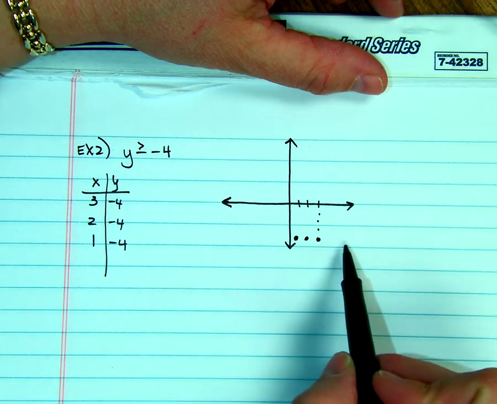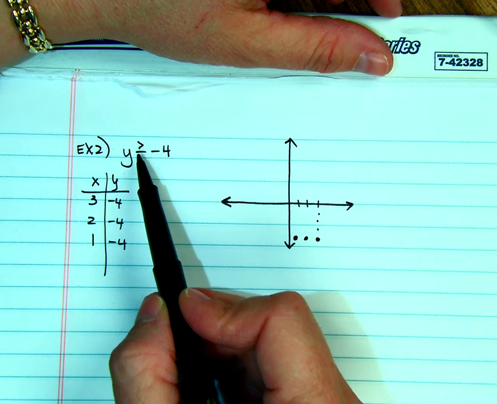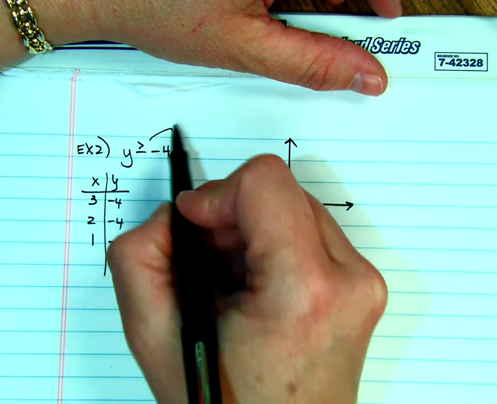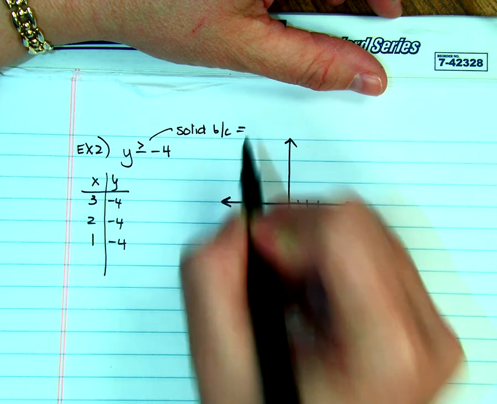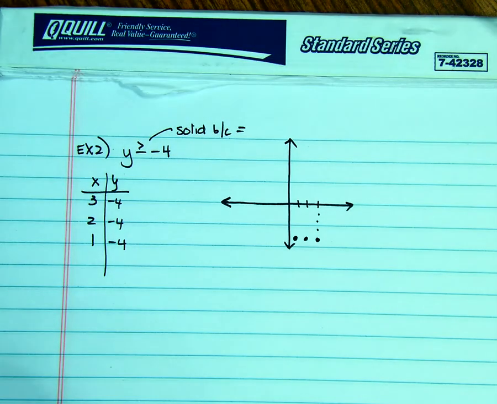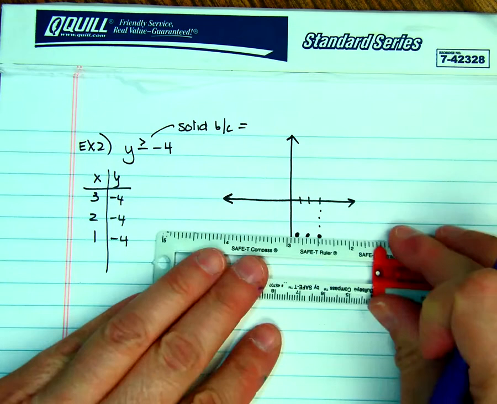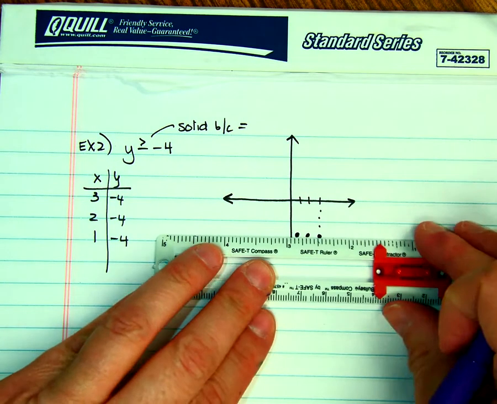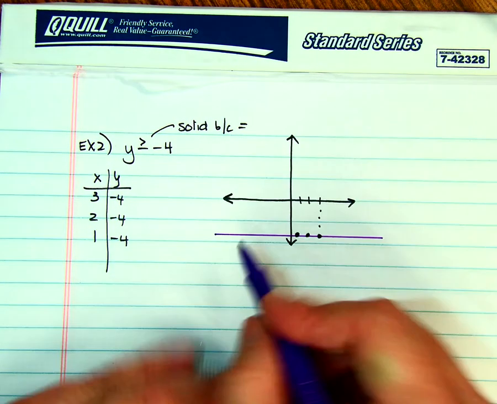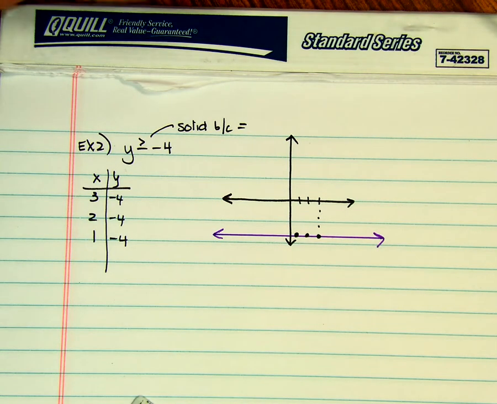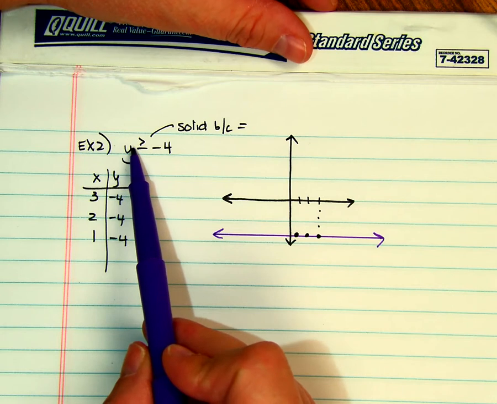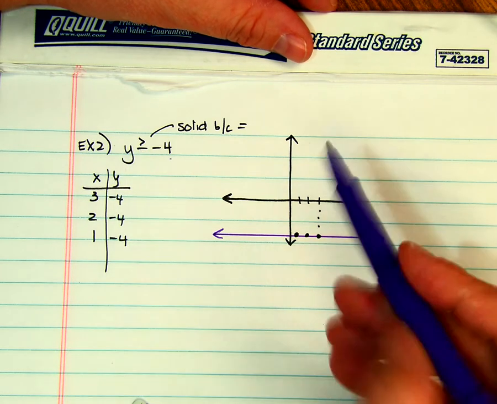Before I draw my line, I'm going to look to see, should this be solid or dotted? This should be solid because it has that equal to piece. Okay, and then I have to do my shading. I want all the values of y greater than where I'm at.